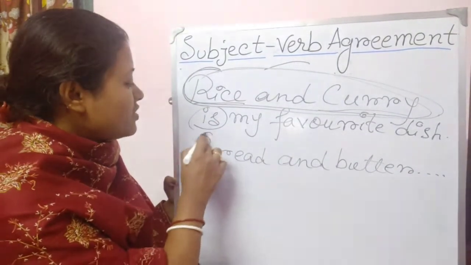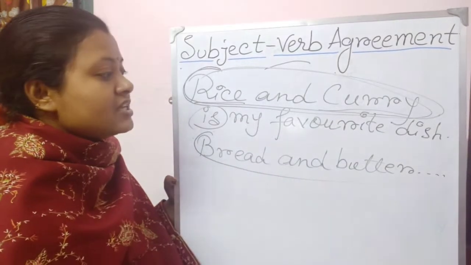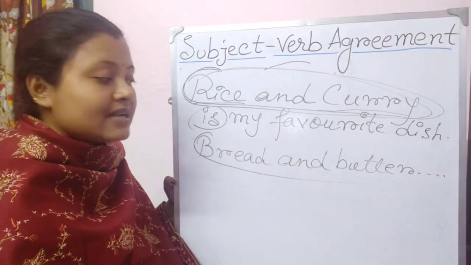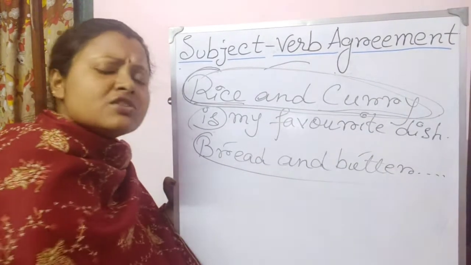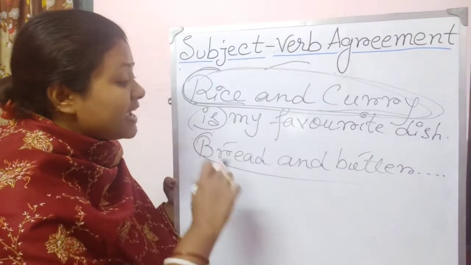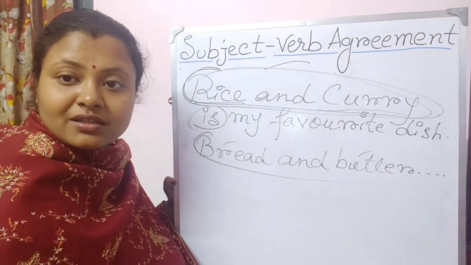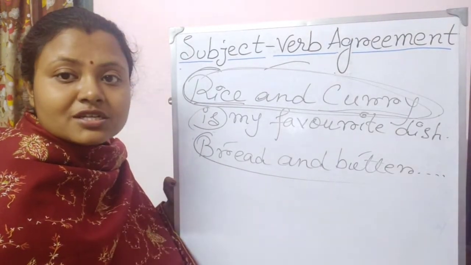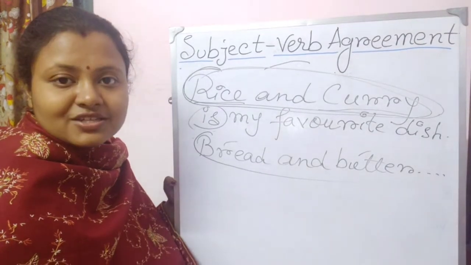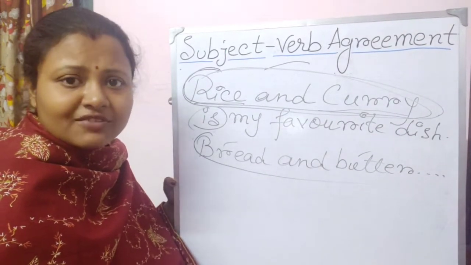Similarly over here, bread and butter is my favorite dish. Bread is not my favorite dish, only butter is not my favorite dish, but bread along with the butter is my favorite dish. It is a delicious dish. We all love to eat that.